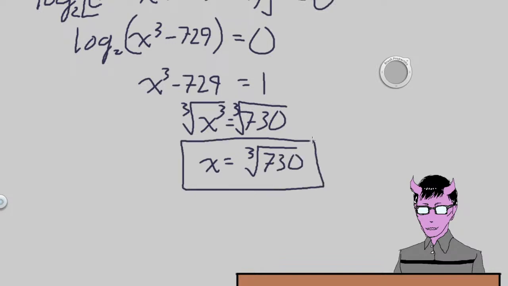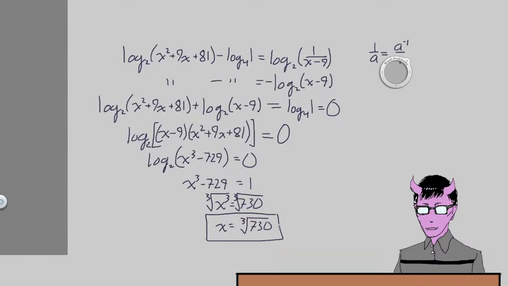And that should be our answer, but let's double check. So if we plug it in, that should give us a positive answer. So this whole thing, the argument, ends up becoming positive if we plug this in, so that's okay. And if we take this and plug it into there, that will also give us a positive argument. So this answer should be good.